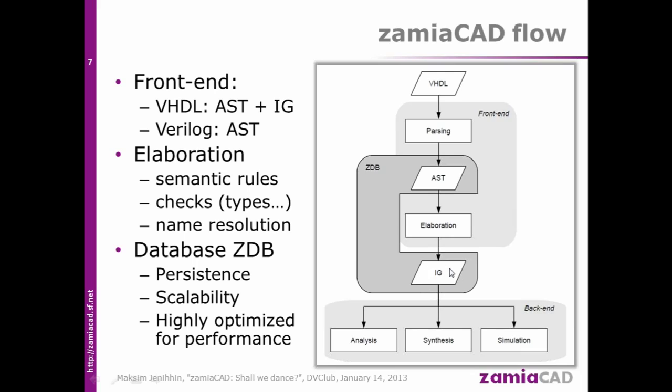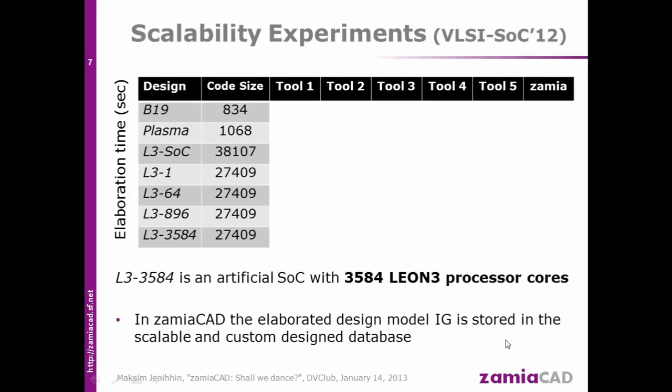We call it IG, instantiation graphs. Both of these models are held in the Zamia database, which is a proprietary custom-designed database providing for persistence and scalability, and it's highly optimized for performance. Once you have this model, you can further do the other back-end tasks like design analysis, synthesis, and simulation.